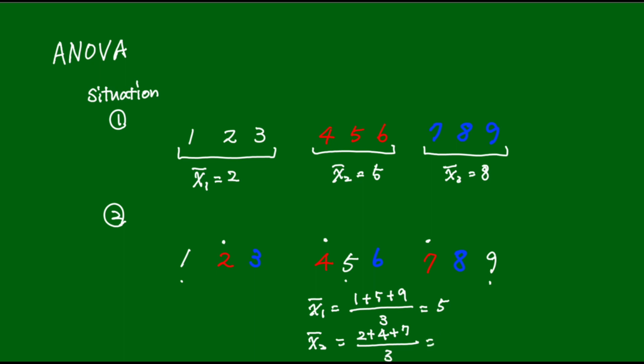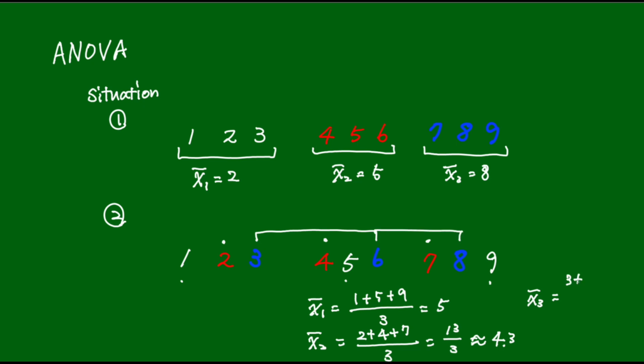And I would get 6 plus 7, so 13, divided by 3. So this is like 4 point something. Okay. How about x3 bar? x3 bar is the sample mean of the data from class 3, so these 3, right?